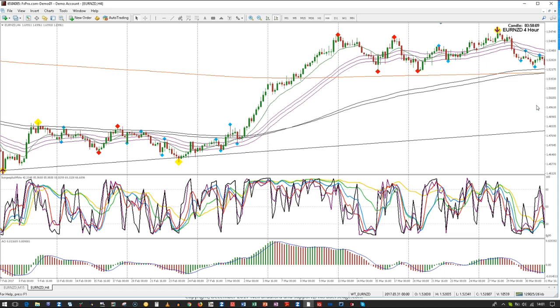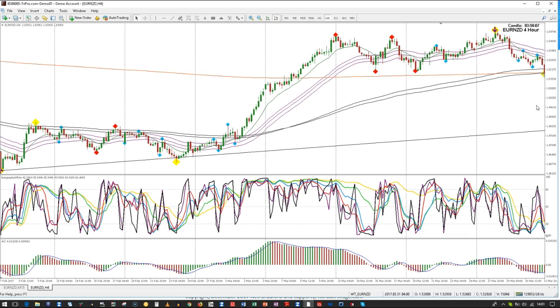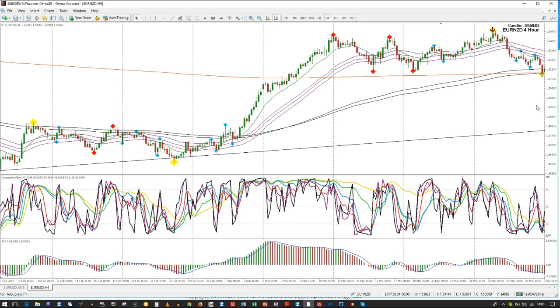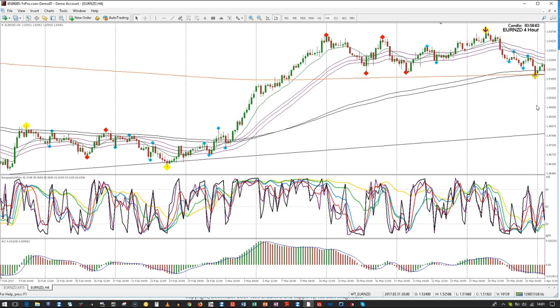Okay, well, that doesn't matter. But if it does bounce off the tunnel, you've got a target of the other side of the wave, and you might be best, if it's going to be a retrace, you only expect 3 waves.